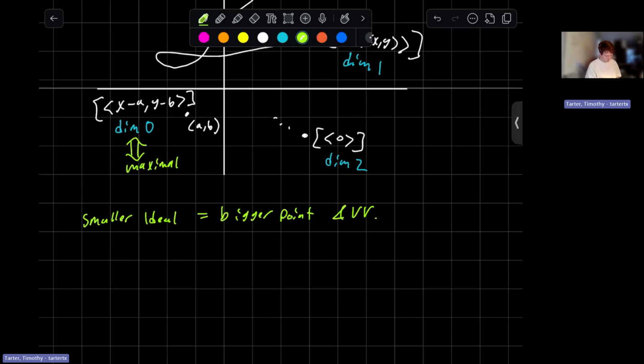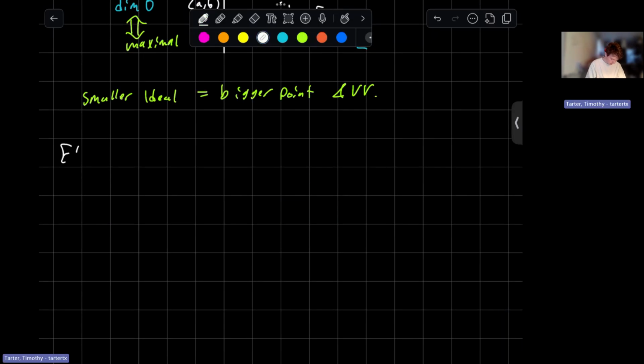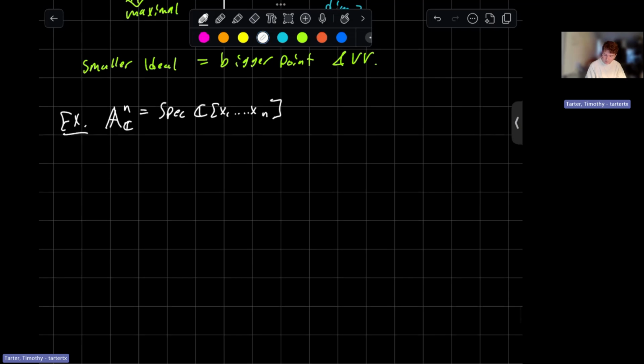If we have a larger set of polynomial coordinates, like A^n, Spec C[x1 through xn], it just gets bad.